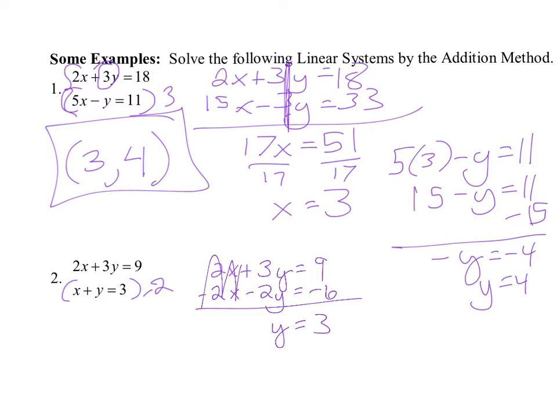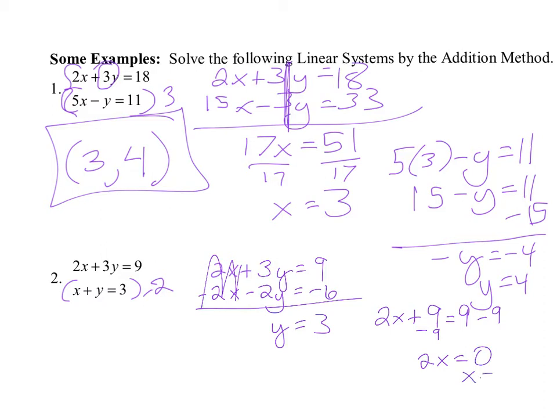Now we plug that in to get my x value. So I have 2x plus 3 times 3, which is 9, equals 9. Interesting. So if I subtract 9, I have 2x equals 0.